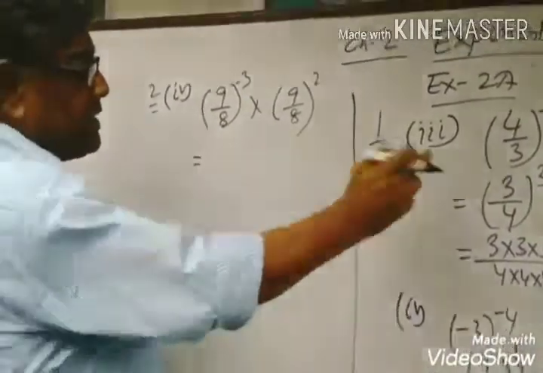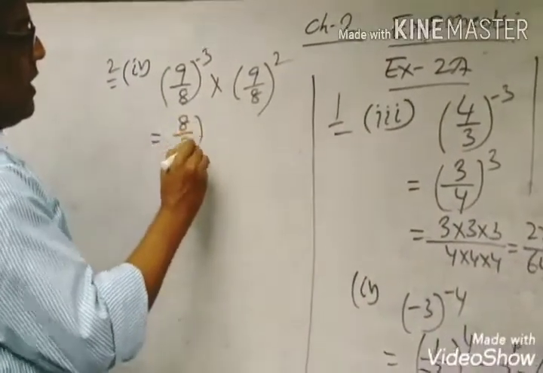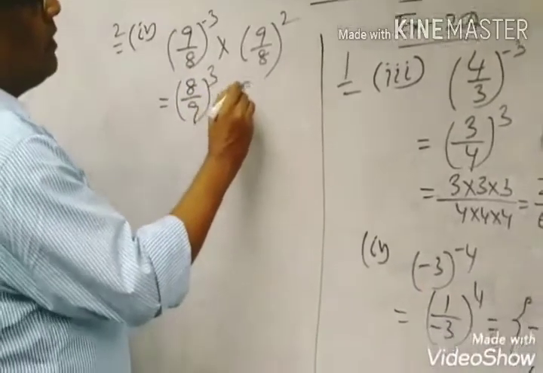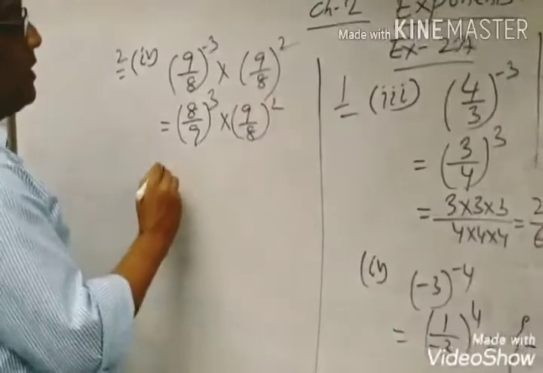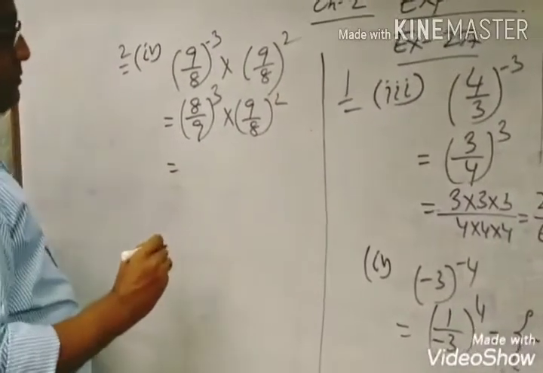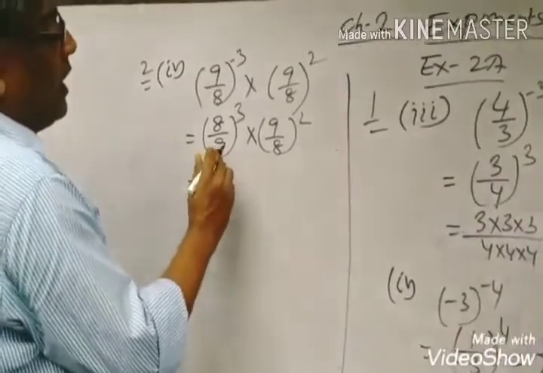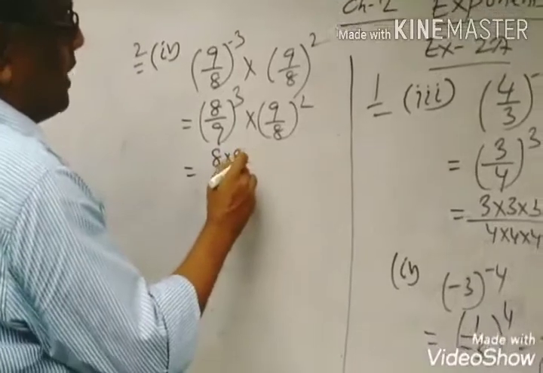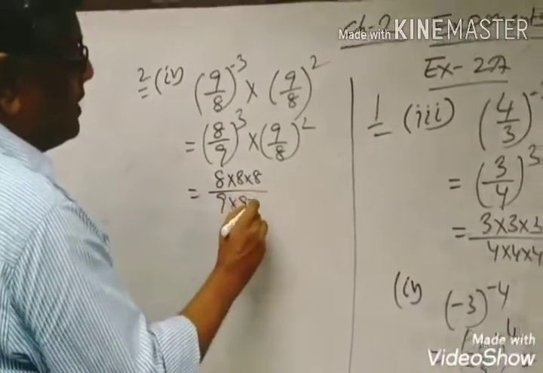We will use the same law of exponent. (8/9) whole cube into (9/8) whole square equals 8 into 8 into 8 by 9 into 9 into 9.